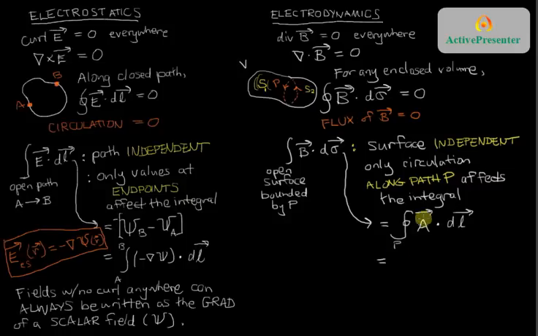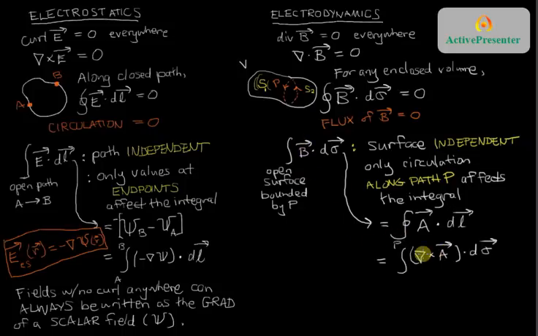And if I now think about Stokes' theorem, a closed line integral of some vector field A is equal to the curl of that same vector field integrated over any surface bounded by that path P. Now you see I have two surface integrals.